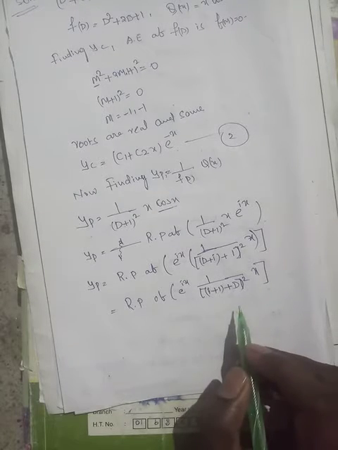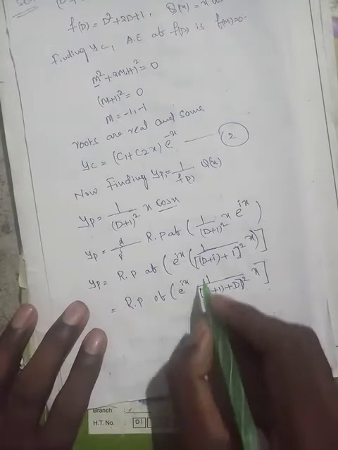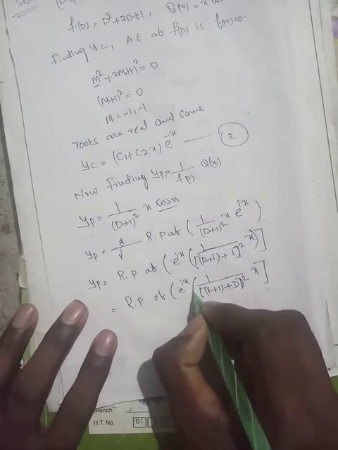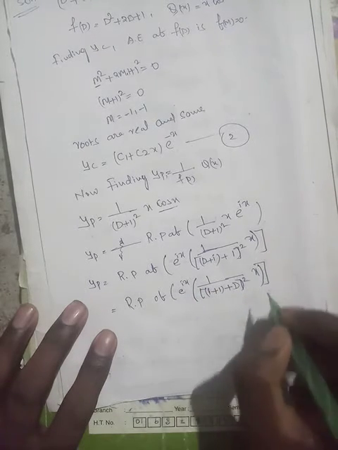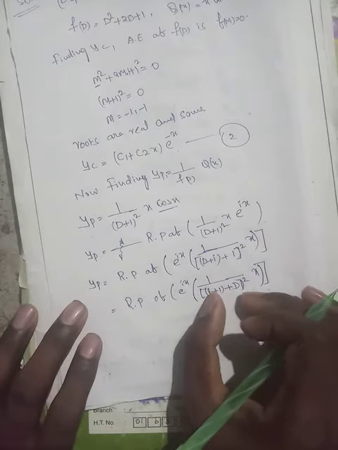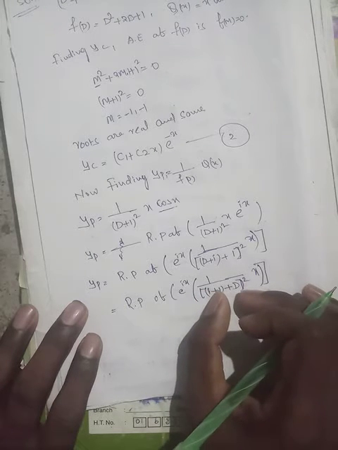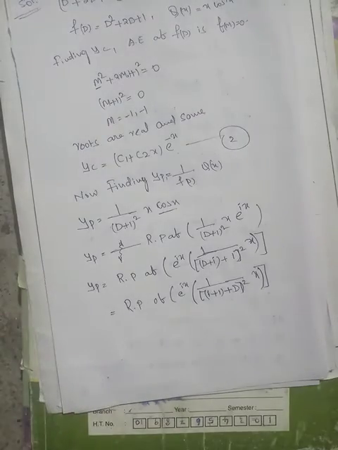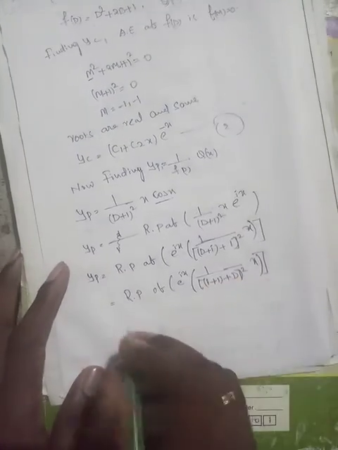So here e power ix is the ideal part only. Now we need to solve this part. This is in the form of method 3, so by using method 3 I am solving this.